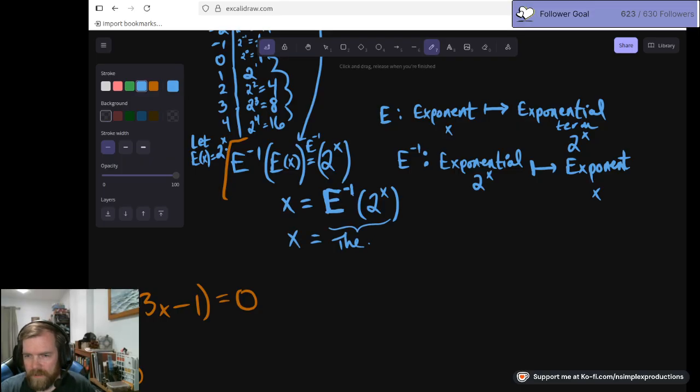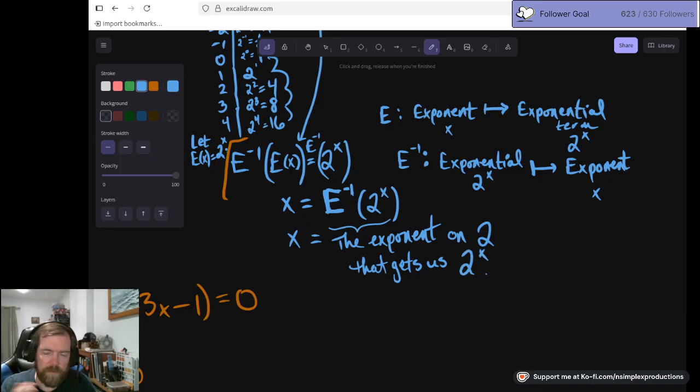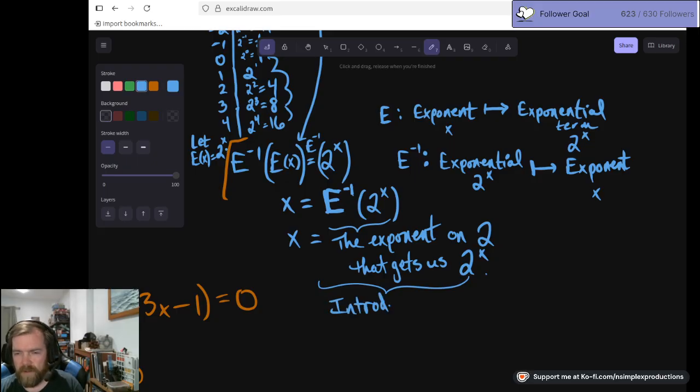The exponent on 2, that gets us 2 to the x, which is true, but rather uninteresting. So this gets us the idea of logarithms.